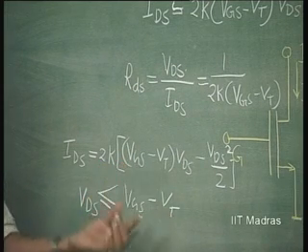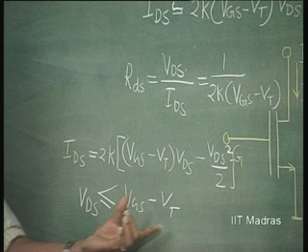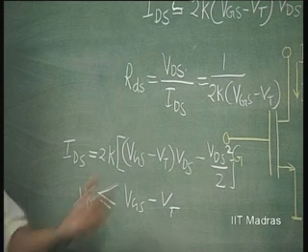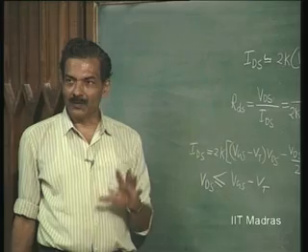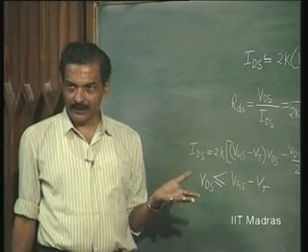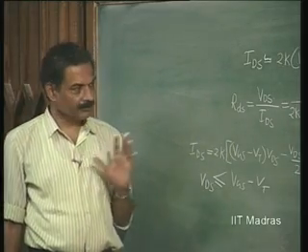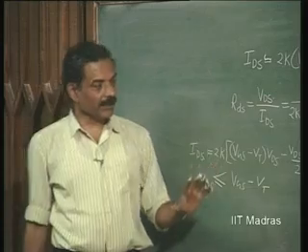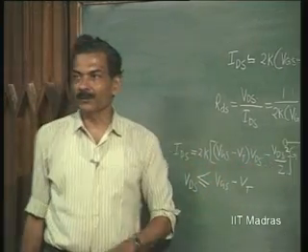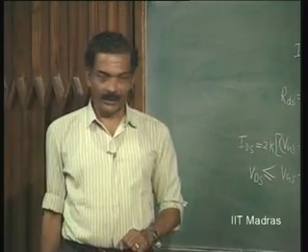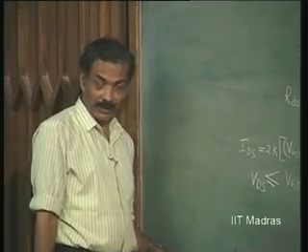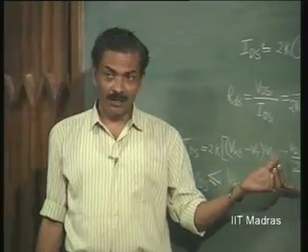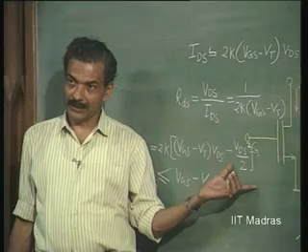You can substitute VDS equal to VGS minus VT, and you will get K times (VGS minus VT) whole squared. That is what is valid. Now, in this region, can I therefore compensate for this nonlinearity? So, what we are going to discuss today is to make it more linear by compensating for this nonlinearity.